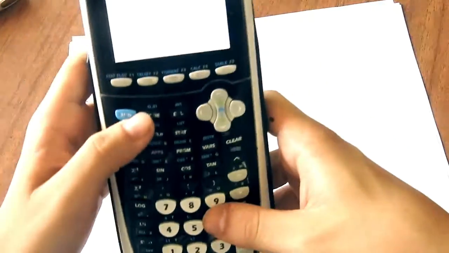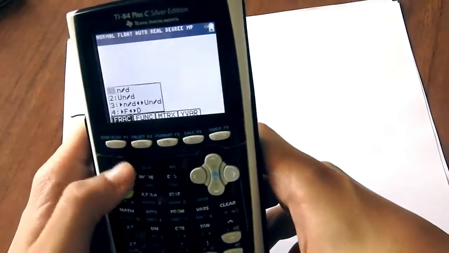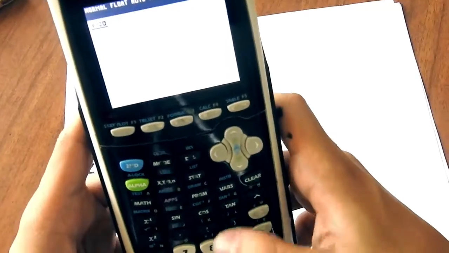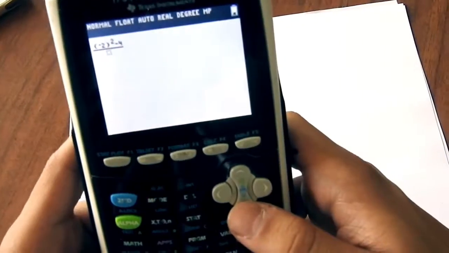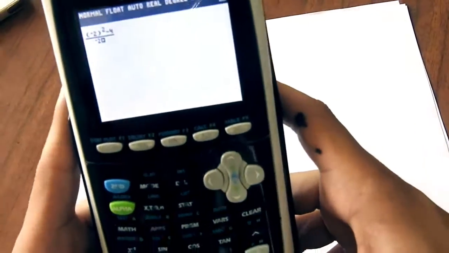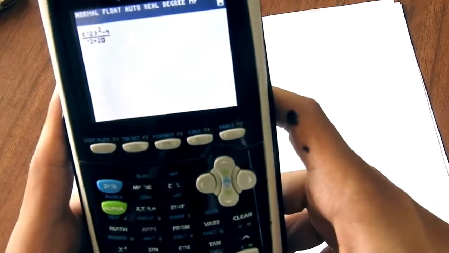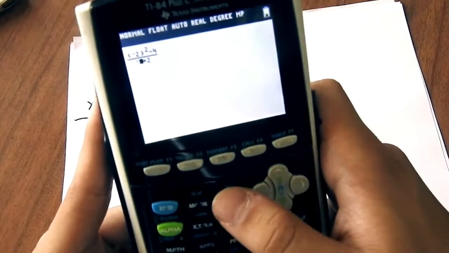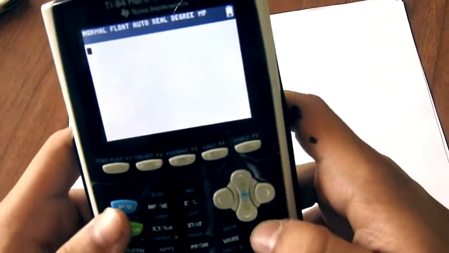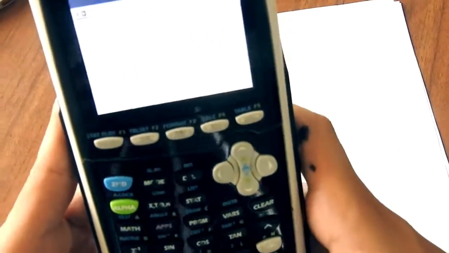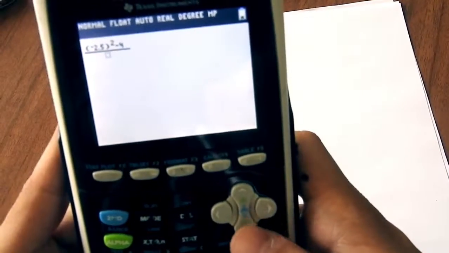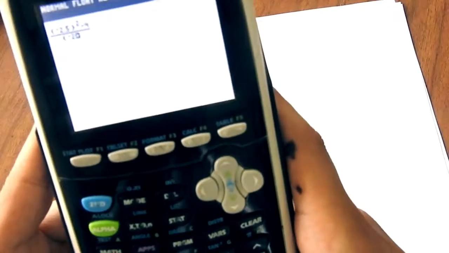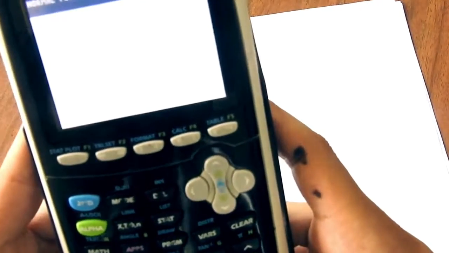So we're going to have negative 2.5 squared minus 4 over negative 2.5 plus 2. We're going to have negative 4.5.